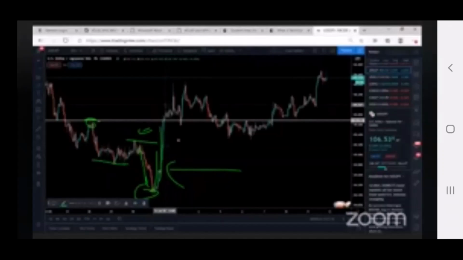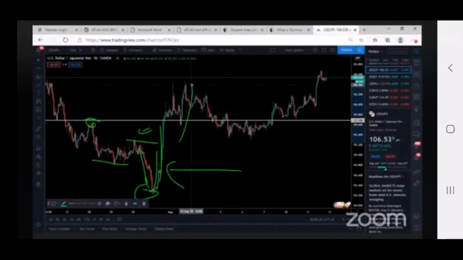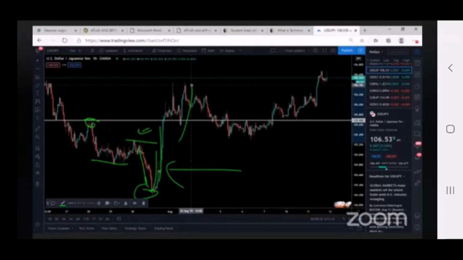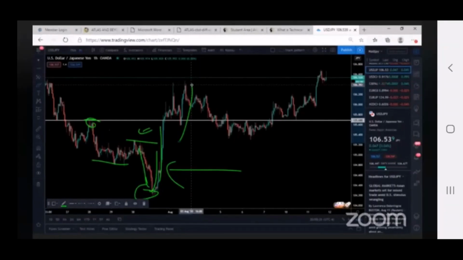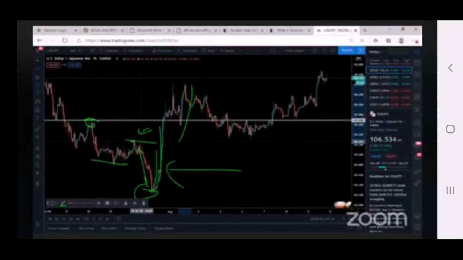You wait for the new higher low, and then you draw a horizontal line on that high right there. Not the high that was broken from before, this one right here.